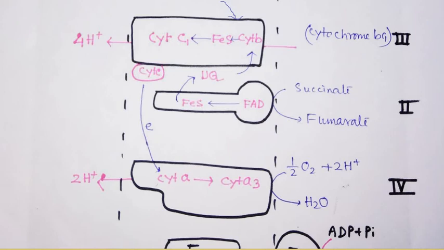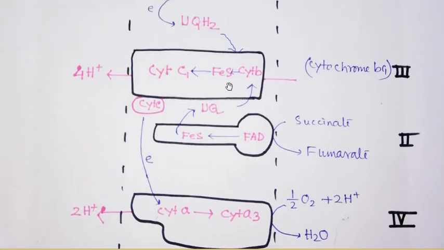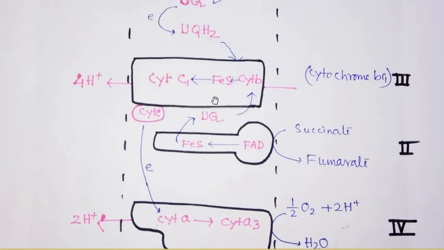Next, the complex 3. The main function of complex 3 is to transfer the electron to the cytochrome C via cytochrome B, FeS, and cytochrome C1.